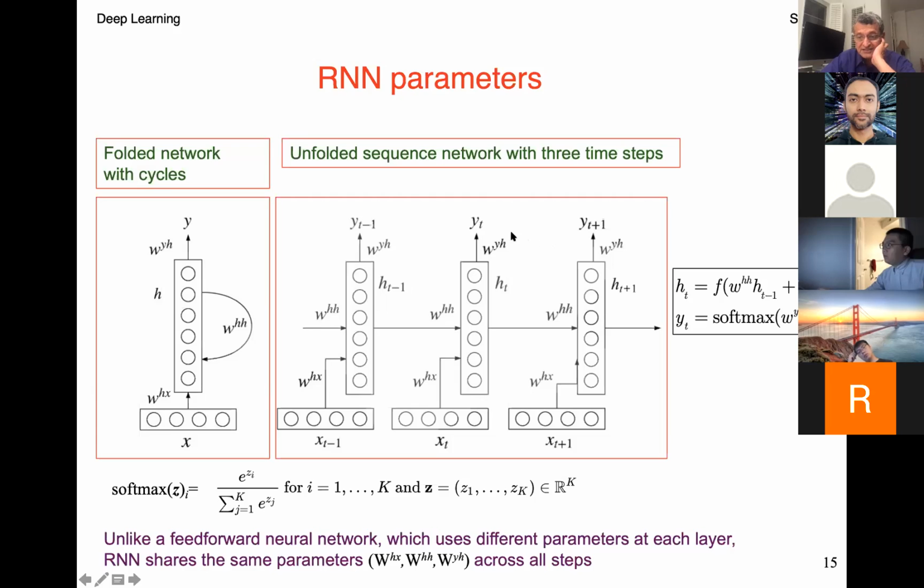And what is this YT? We take as its argument WYH times HT. So whatever this HT is, multiply it by WYH, and we are applying softmax to get that. What softmax would be doing is taking the values here. Softmax is defined as e to the Zi, the standard softmax definition.